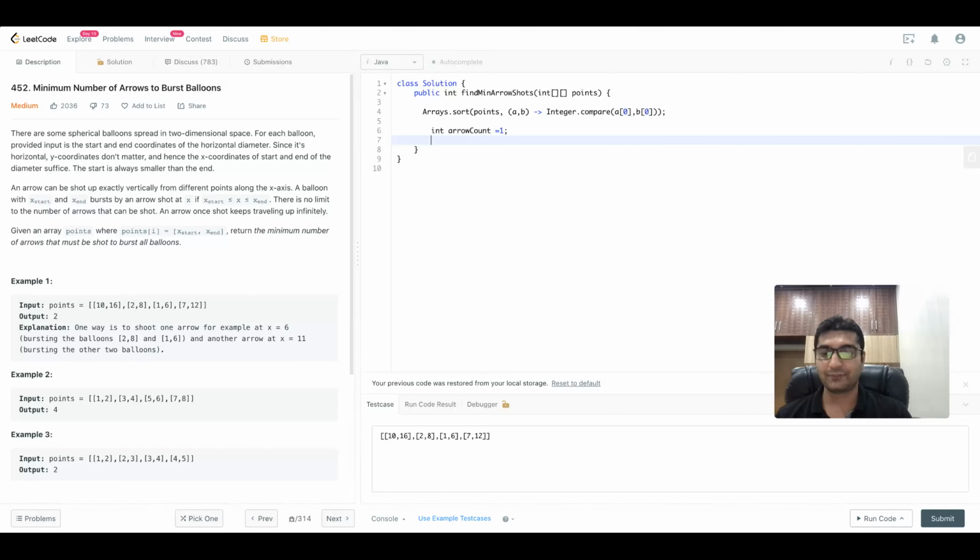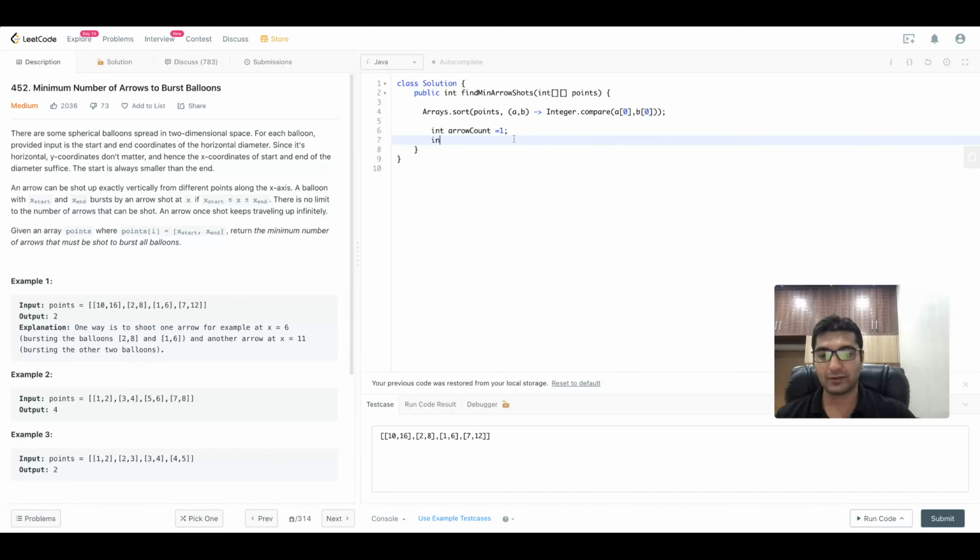For the last interval, that condition obviously won't occur, so in that scenario we have to add 1. So either we can take 1 over here or we can add plus 1 at the end.